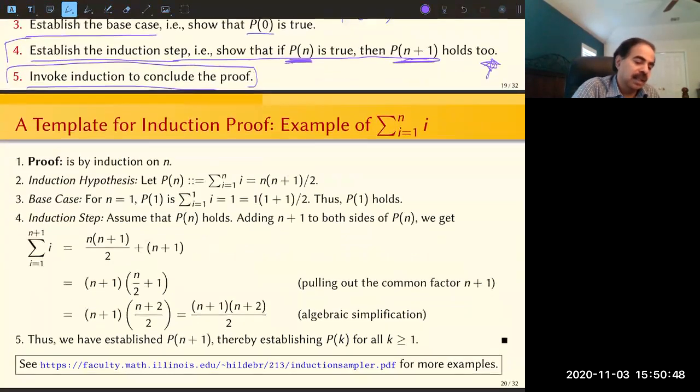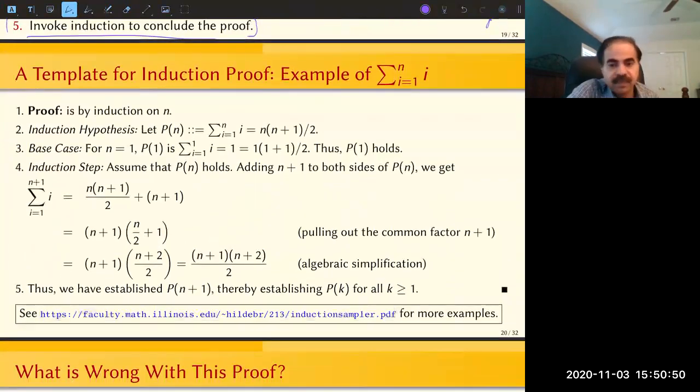Okay, so let's take the same summation example for the 12th time and go through how this proof works. We want to prove that the summation of i equal to 1 to n of i equals n times n plus 1 by 2.